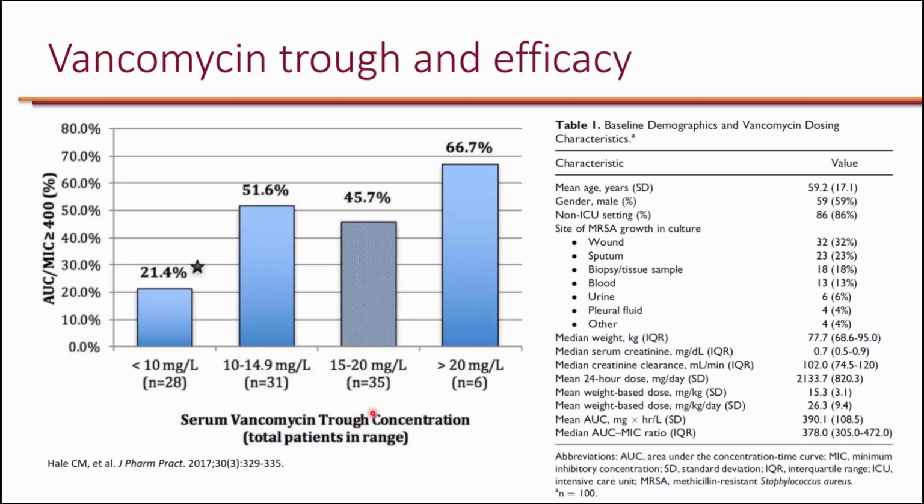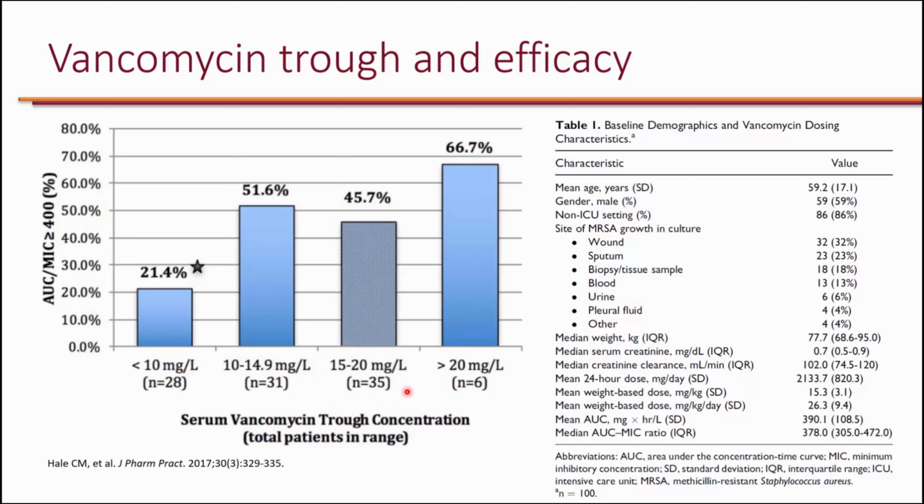They did the study, and they found that patients who had a trough of 15 to 20 were not more likely to have an AUC to MIC of 400. So even though their trough was higher, they were not any more likely to reach that AUC to MIC target. So the new guidelines actually do not recommend a trough of 15 to 20 anymore.